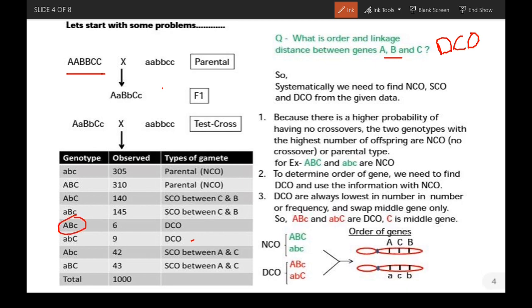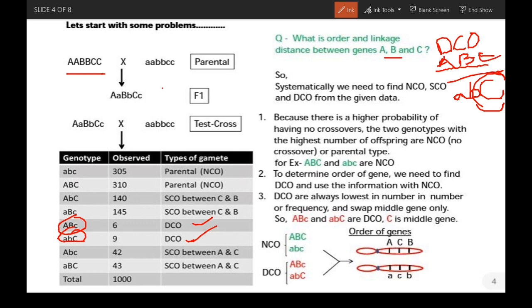So we see this condition, DCO. These are the two DCO. What is formed is A, B and small c, while in this condition it is A, B and capital C. That means C has been swapped, right?